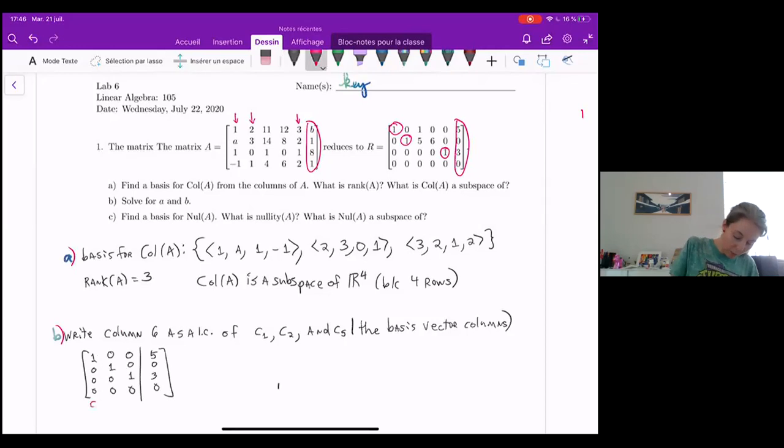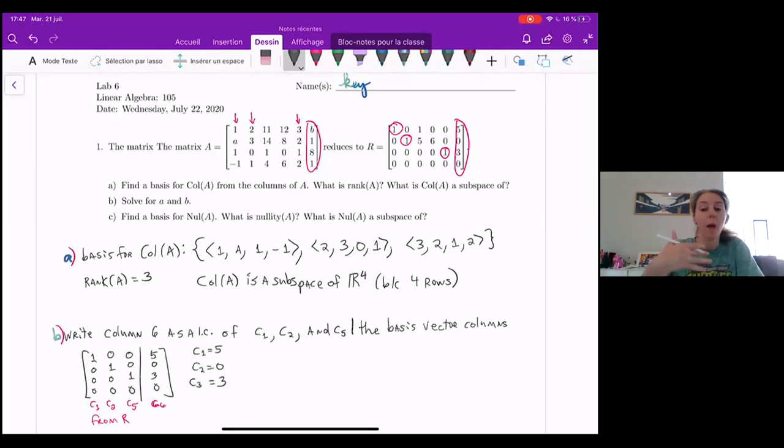So this is C1, C2, C5, C6 from R. And when we're writing linear combinations, we know that the answer gives us the weights for the linear combination. And that's my goal here, to write that linear combination. So this tells me that c1 is equal to 5, c2 is equal to 0, and c3 is equal to 3. By using the basis vectors, we had something that was already in RREF, so we don't have to row reduce at all.